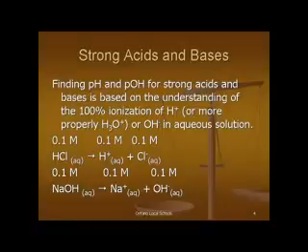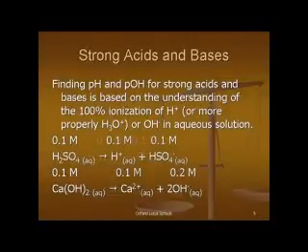When we have 0.1 mole per liter of sodium hydroxide in water, we'll get 0.1 mole per liter of sodium ion and 0.1 mole per liter of hydroxide ion. It's no mystery as to what the concentrations of each of the ions are, and that's what is going to be the key to determining the pH or the pOH.